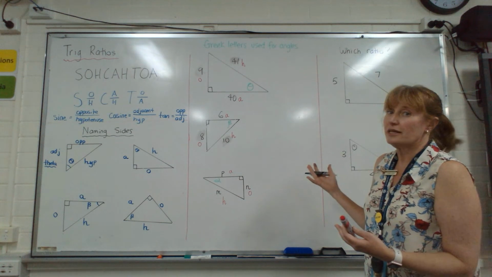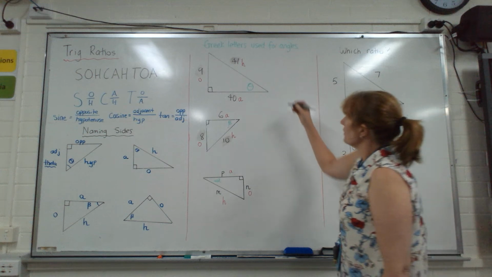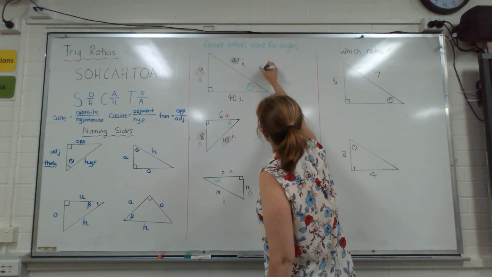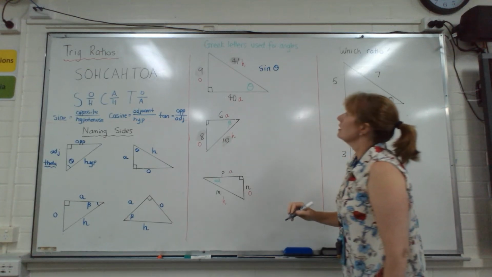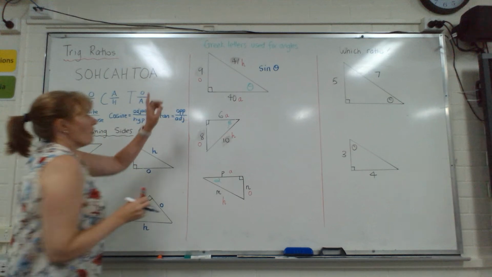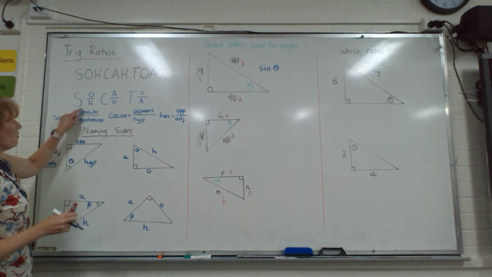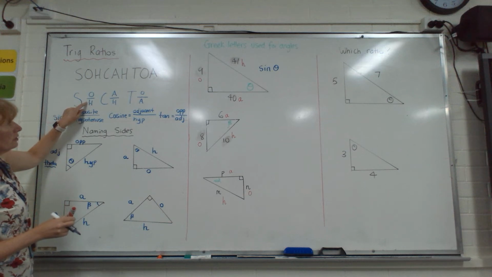Alright, now there's no questions here. I've just asked you to label them. But what if I now said to you that I want you to write down for me the sine of theta? This is where we're going to use our SOHCAHTOA. I've asked for sine, so I'm looking at this one here. I'm looking at doing the opposite over the hypotenuse.